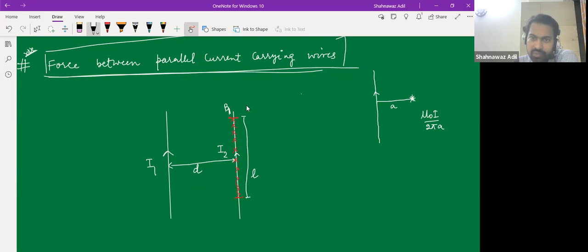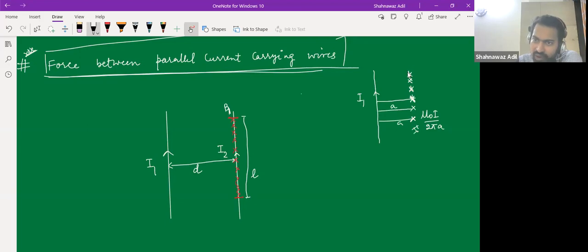You can explain again. Yeah. So we have this wire I1, and at this point we have the magnetic field in the inward direction. At this point again, inward direction, same, and at this point again, and again.